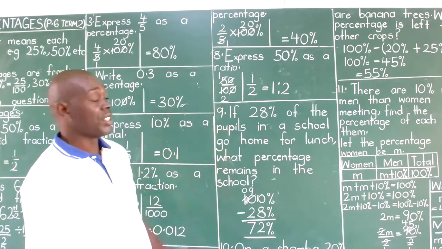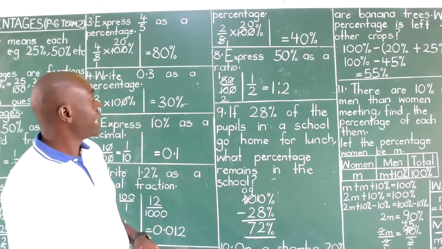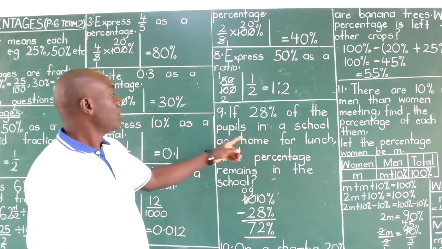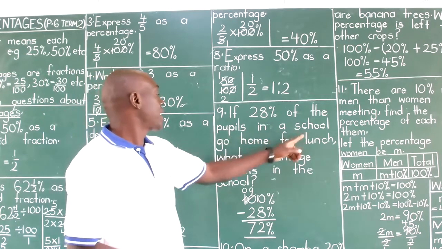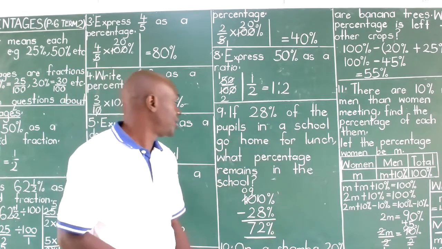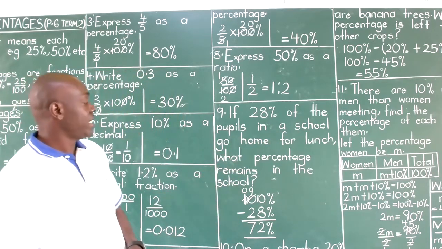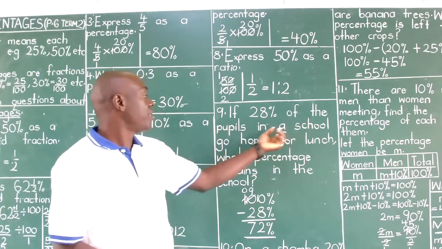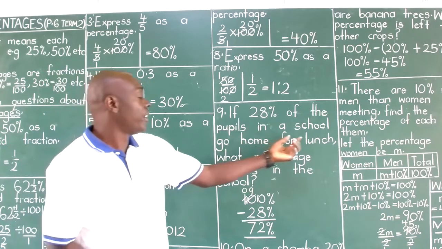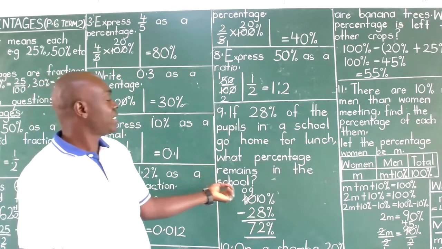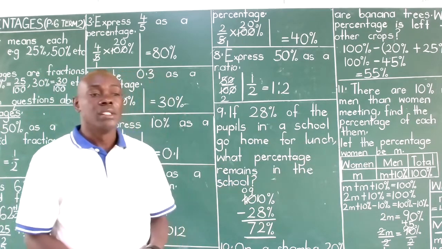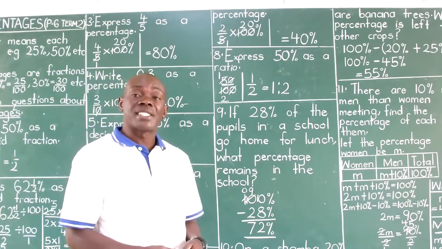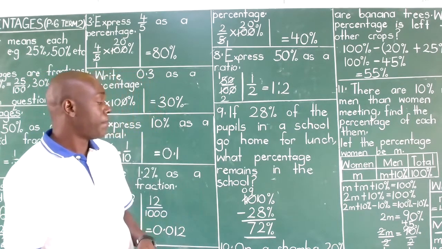As we look at example number 9, it says if 28% of the pupils in a school go home for lunch, what percent remains in the school? You must know, like we noted, that the greatest percentage is 100%.